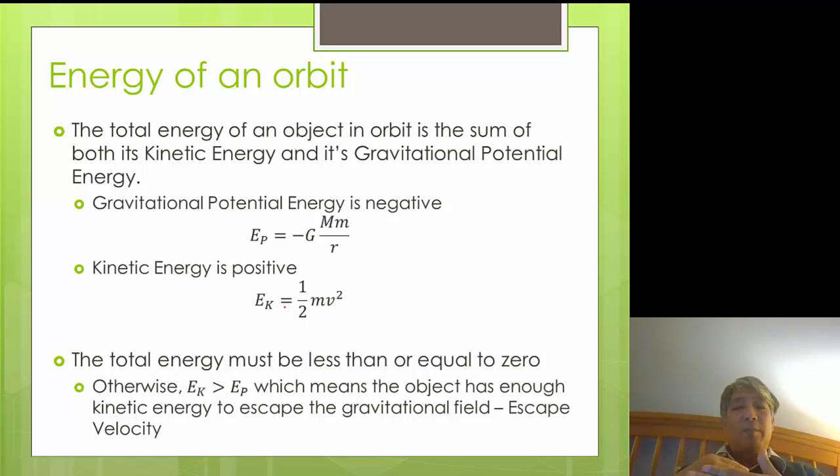Because if my kinetic energy was somehow larger than my potential energy, then by conservation of energy, if my potential energy goes to 0, I still have kinetic energy. The only time potential energy goes to 0 is when the object is at infinity, and it's no longer orbiting at that point.